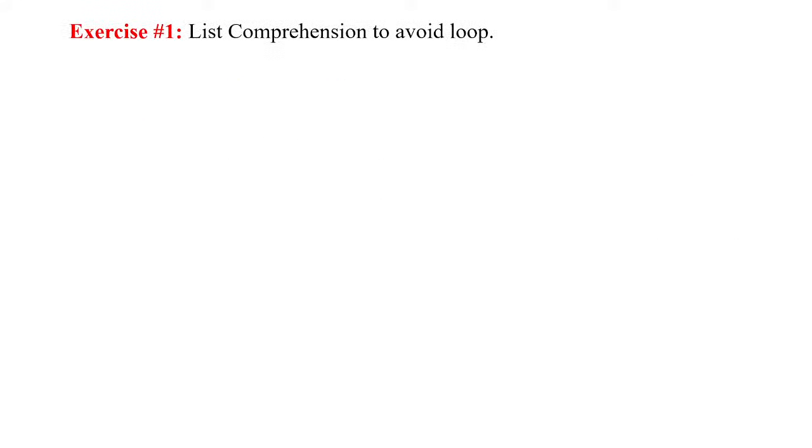For example, we use it to avoid a loop. Instead of using a loop, you can use the list comprehension like this. For example, you want to find the square of each list item. How do you generally do it? You take a list, then a for loop. Using the for loop, you square each element and then you print that element, or store it in another list.